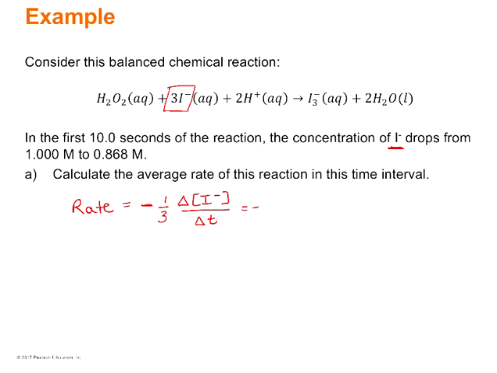Now remember, if we write that out, what we have is the concentration of I- at time 2 minus the concentration of I- at time 1, all over time 2 minus time 1.